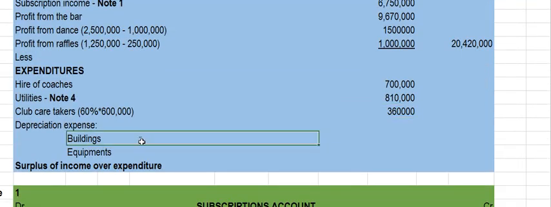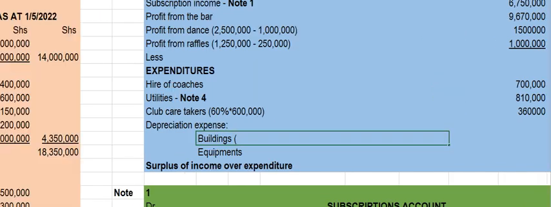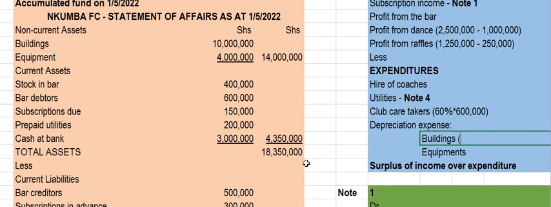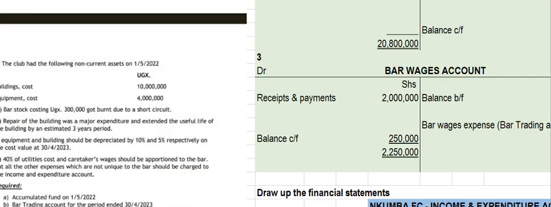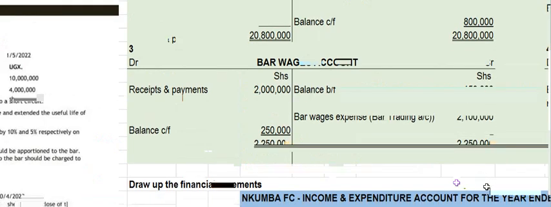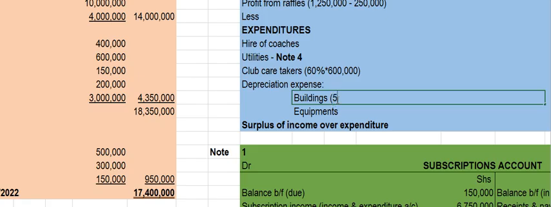Depreciation, buildings. We are told that the buildings were to be depreciated by 5%. This will be 5% times, the cost was 10 millions initially.